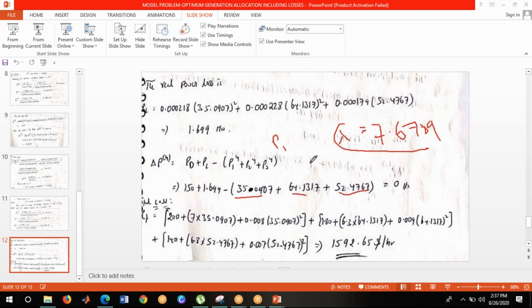After substituting these values, you will get 0 here. Then you can find the total cost. CT equals C1 plus C2 plus C3, as we have 3 cost equations. If you substitute in this equation, you will finally get 1592.65. So this is the final answer of what we explained in the last class. Just note down the answer, then you solve it.